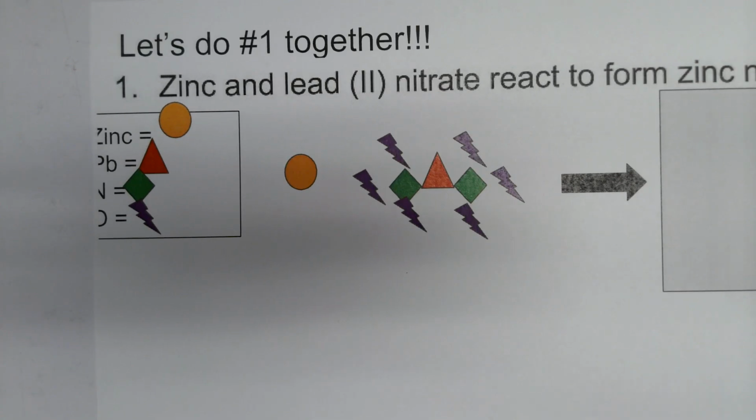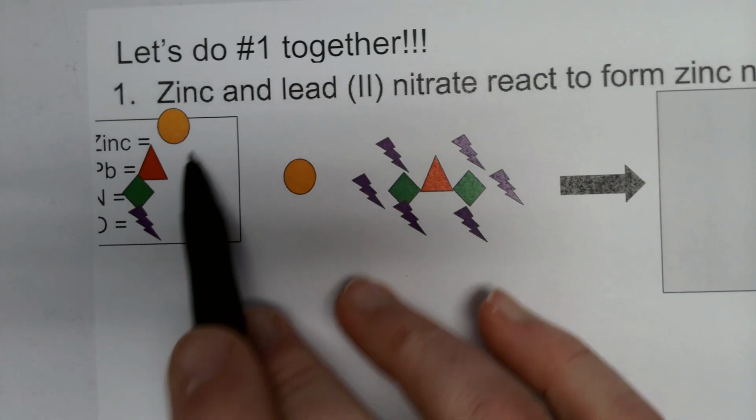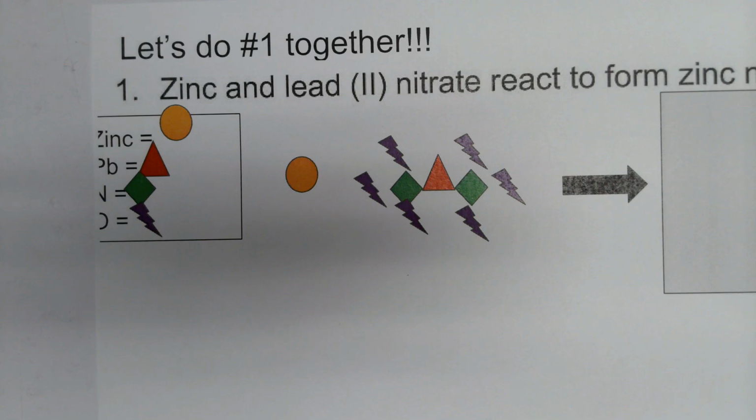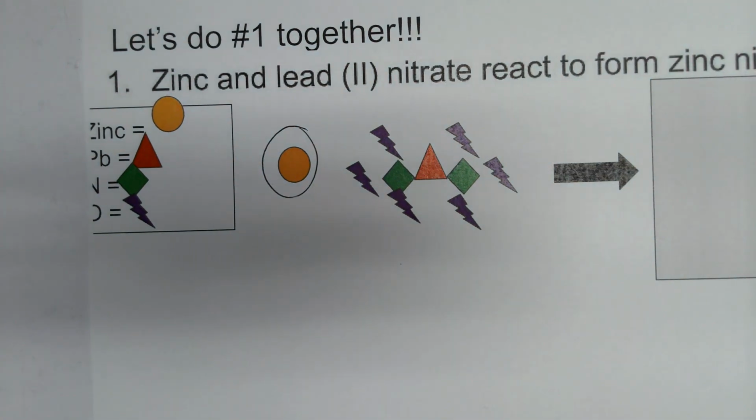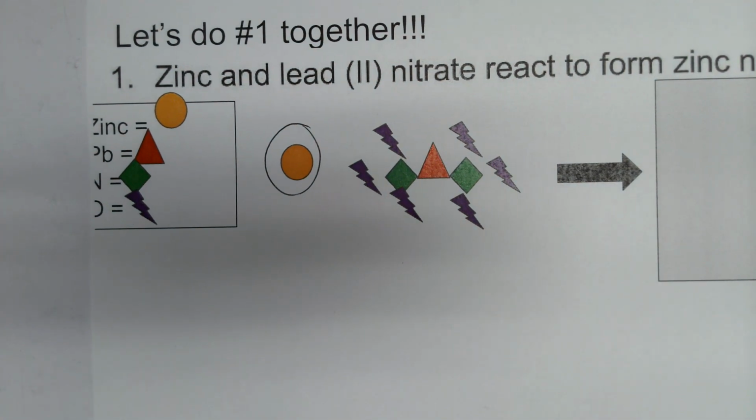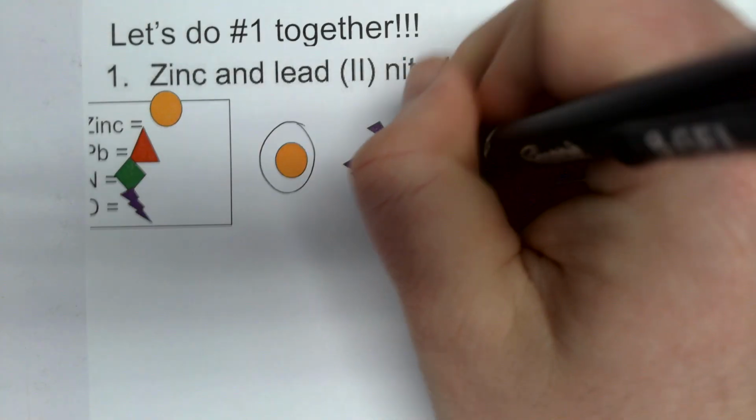Question. If my orange circle means zinc, how many zinc atoms do I have on my reactant side? How many do you see? 2? I see 1, right? 1. If my red triangle means lead, how many lead atoms do I see on my reactant side? 1.